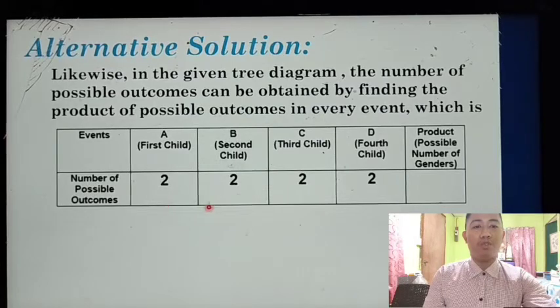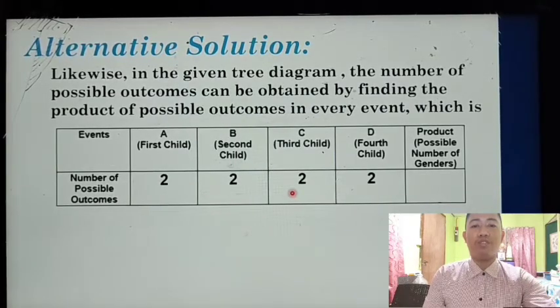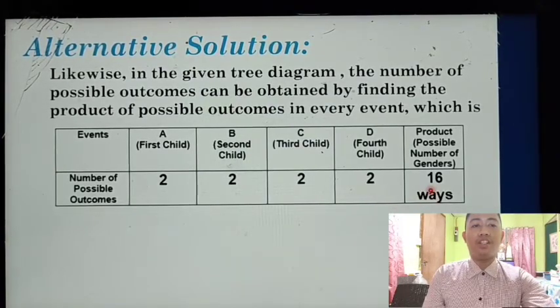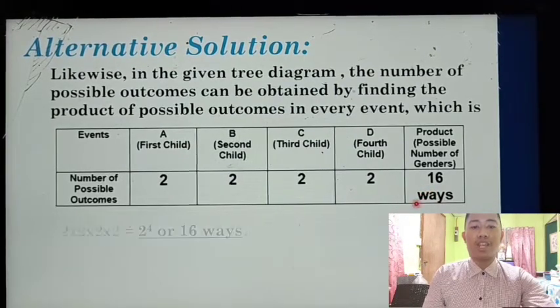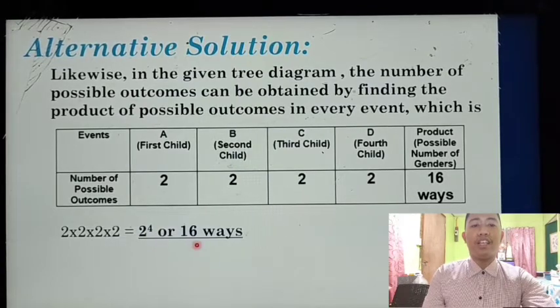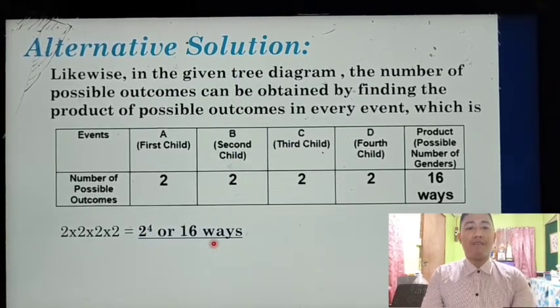So we have 2 times 2 is equal to 4. 4 times 2 is equal to 8. And 8 times 2 is equal to 16. So the total number of possible genders is 16 ways. We can rewrite this as 2 times 2 times 2 times 2, or in exponential form, 2 to the 4th power, or 16 ways. And that is our answer to this given problem.